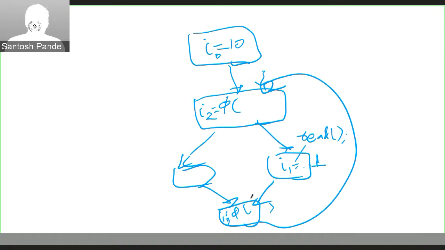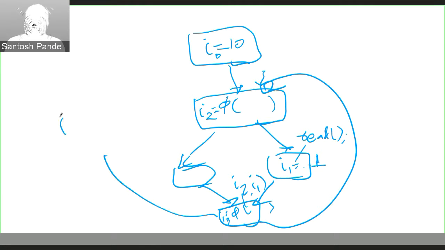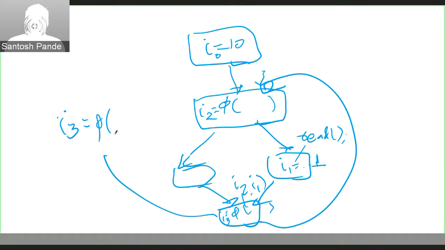So this I2 becomes a part of this from this side, and from this side I1. Sorry about the clutter here. So the bottom things I'm going to rewrite here: I3 is equal to phi of I2 and I1.